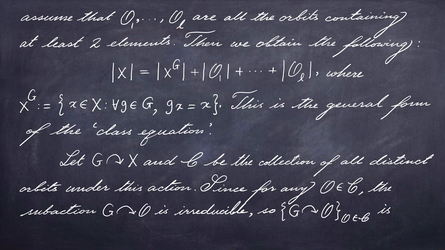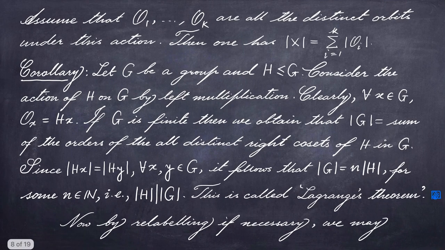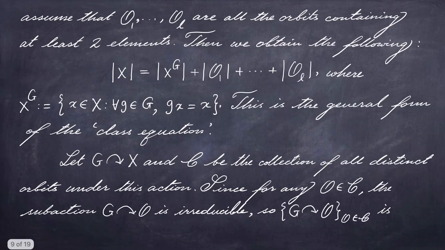And therefore from this formula we obtain that the number of elements in X is, like earlier, the sum of the orders of the non-trivial orbits, and together with that we have to consider the trivial orbits.